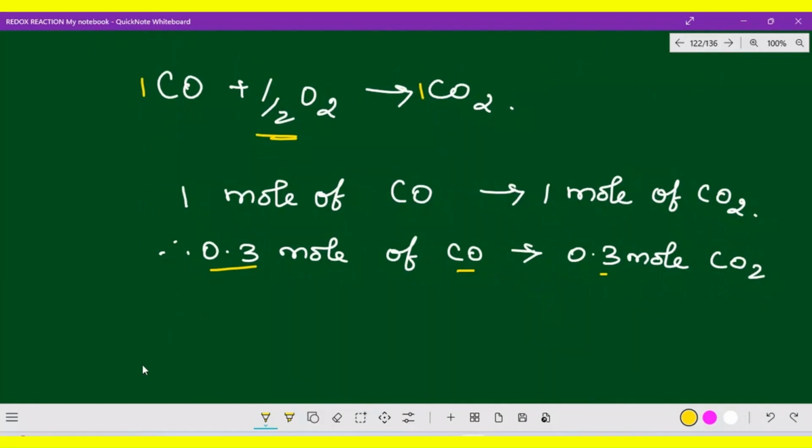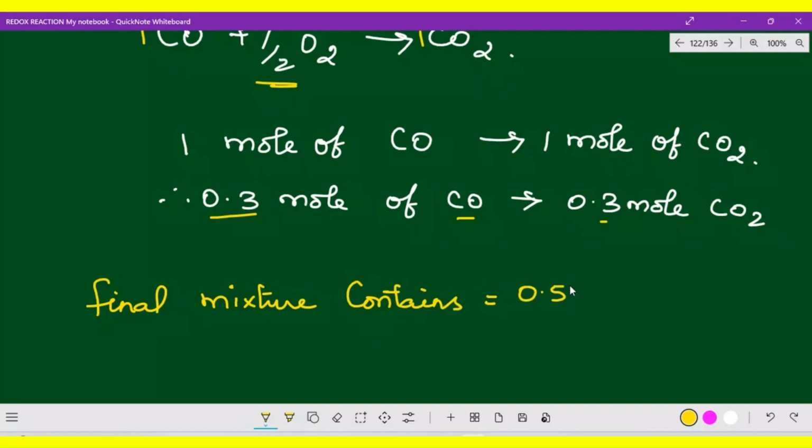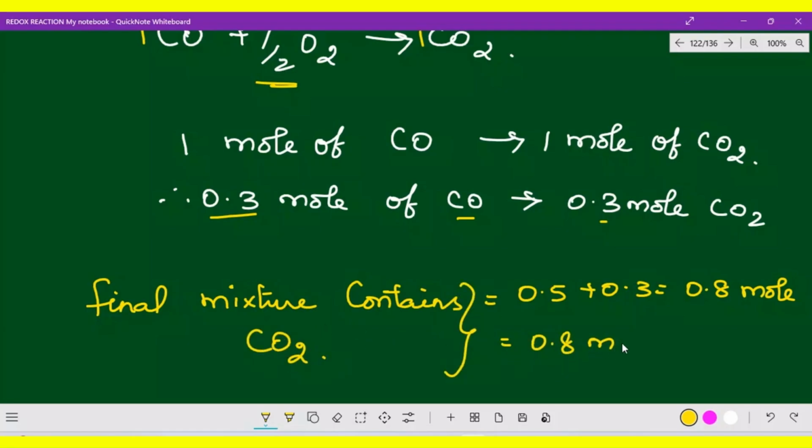Now the final mixture contains how much? 0.5 plus 0.3, you will get 0.8 mole of carbon dioxide only. That is what I wanted to mention. So 0.8 moles of carbon dioxide, right?